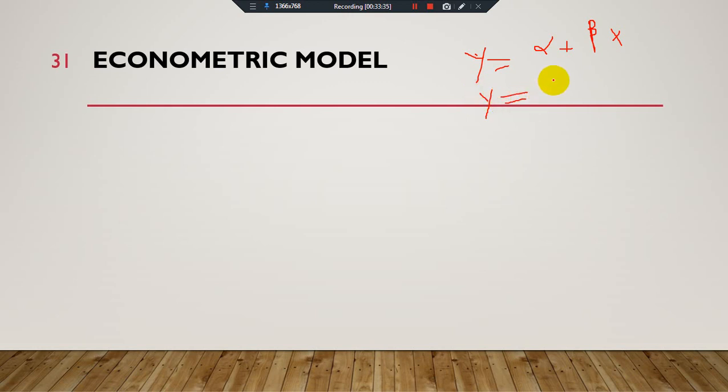So we have to use the econometric model like alpha plus beta x plus u. By adding the error term here, we can call this specific mathematical model an econometric model. So this is our mathematical model and this is our econometric model.